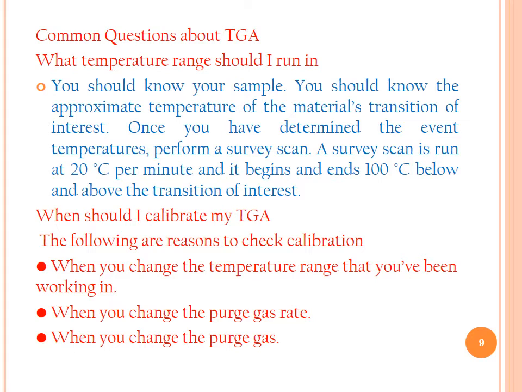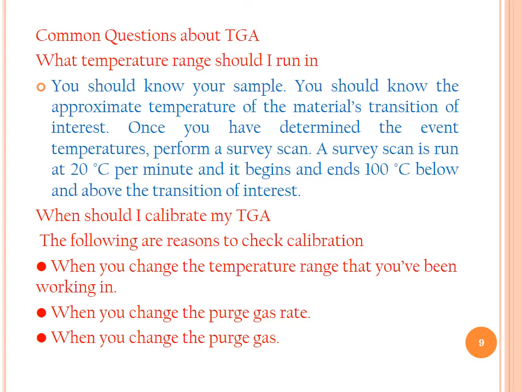The next one is, when should I calibrate my TGA instrument? The following are the reasons to check calibration. When you change the temperature range that you have been working in, since every type of sample has different temperature ranges, every time you have to calibrate the temperature ranges before running the sample. When you change the purge gas rate is also important. Also we use different types of gases for purging.